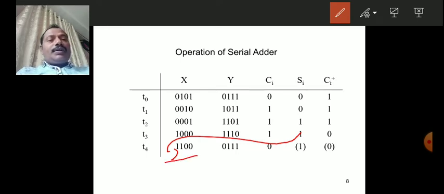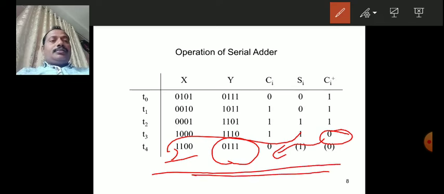Hence we got 1 1 0 0. And the Y bits are rotated left by 1 bit position. Hence we got this. And the carry output of the full adder is shifted out, that is Q out, that means the C input to the full adder. So this is the operation of the serial adder.